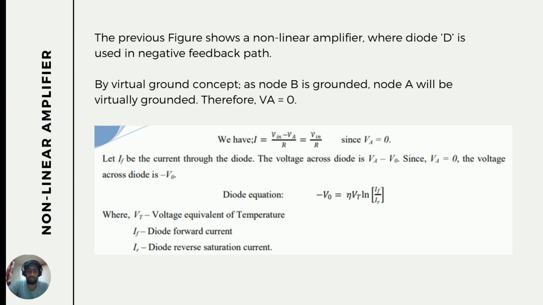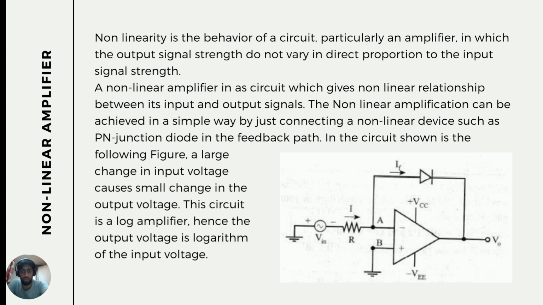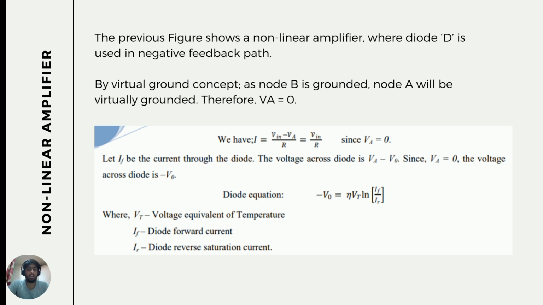Let the current IF flow through the diode. You can see in the figure IF is flowing through the diode. The voltage across the diode is VA minus V naught. Since VA equals zero, the voltage across the diode is minus V naught.